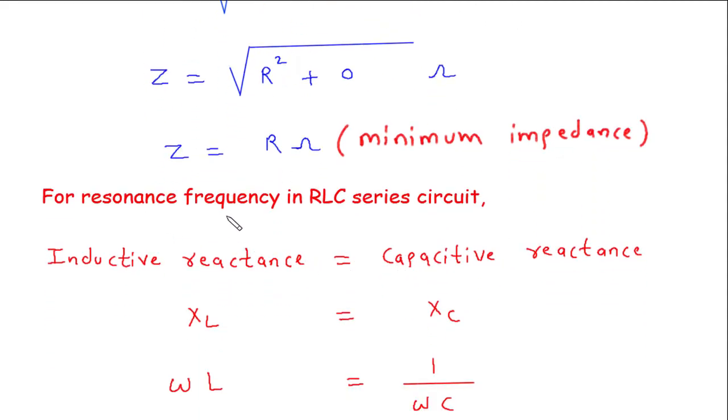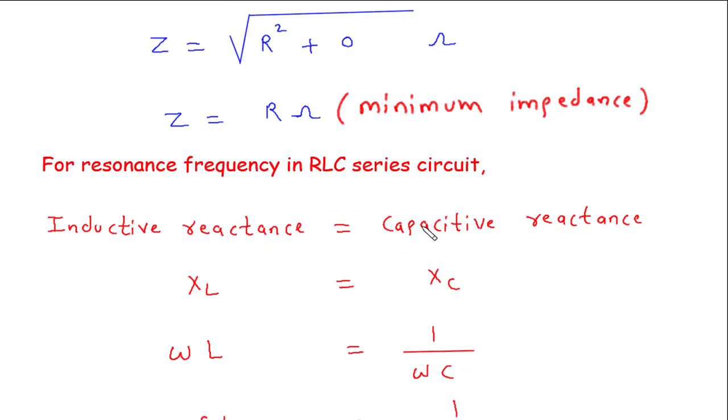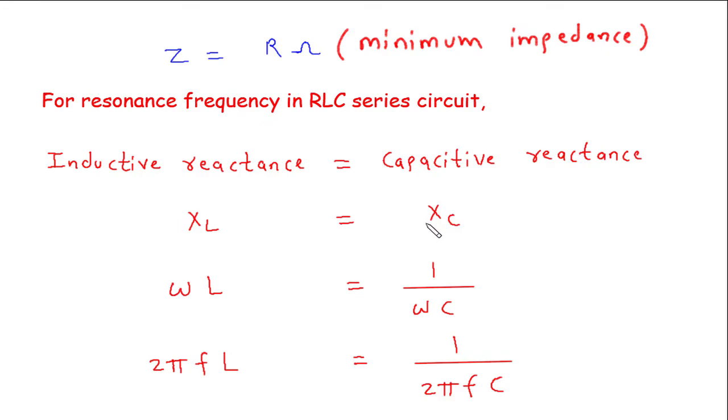Now for resonance frequency in an RLC series circuit, inductive reactance is equal to capacitive reactance. This is the condition for resonance frequency in an RLC series circuit. So XL is equal to XC.